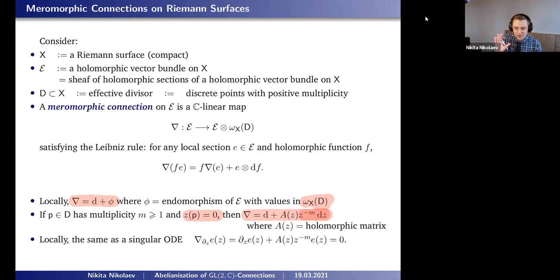And again, even more concretely, these are really your favorite classical differential equations that you encounter in first year, second year undergrad.